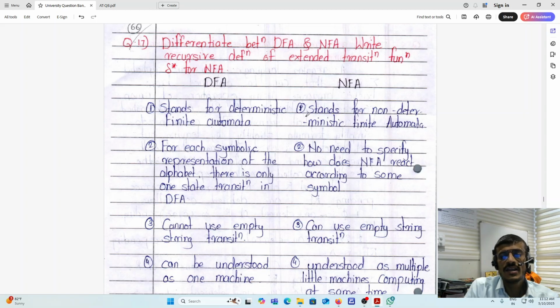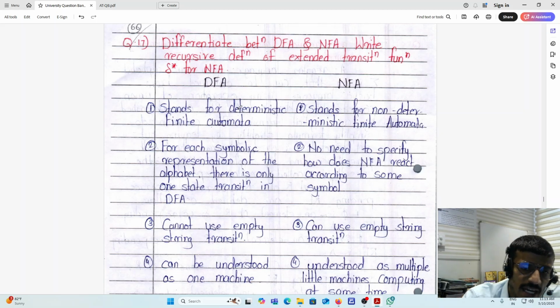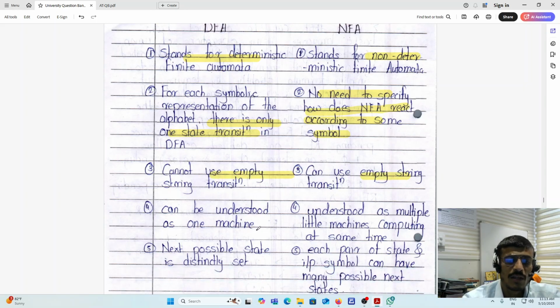Differentiate between DFA and NFA. Write the recursive definition of the extended transition function delta star for NFA. You know that DFA stands for deterministic finite state automata, and NFA for non-deterministic. In a DFA there is only one state for the transition, and you need to specify how it reacts to each symbol. An NFA can use the empty symbol, a DFA cannot. A DFA is understood as one machine at a time; an NFA as a number of machines or multiple machines.